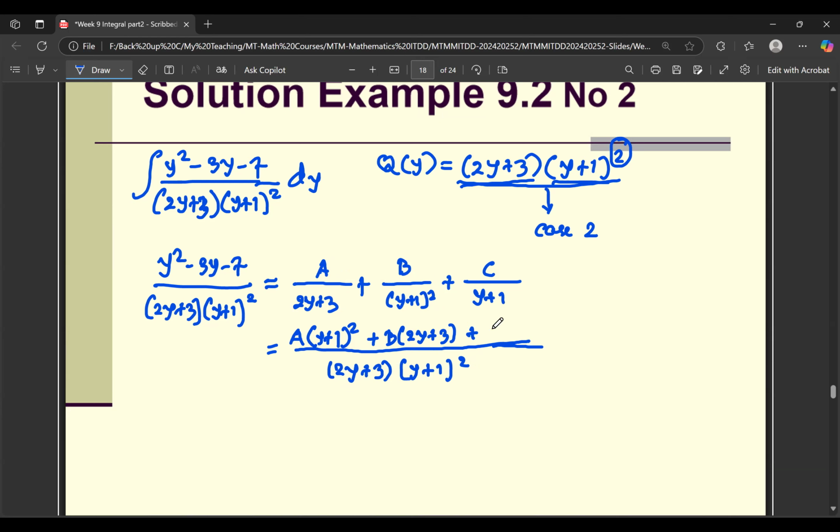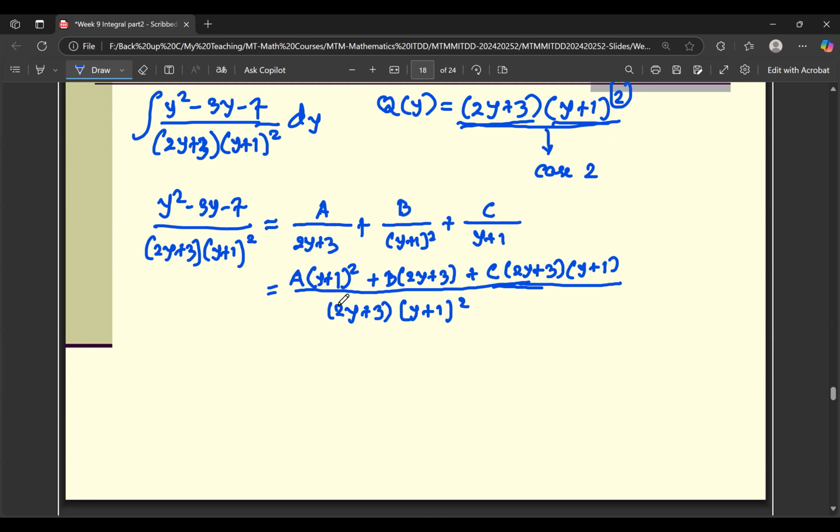For C, because the denominator of C is y plus 1, C must be multiplied by 2y plus 3 and by y plus 1. If we cancel out, we have the previous component. So this is the equation we have.